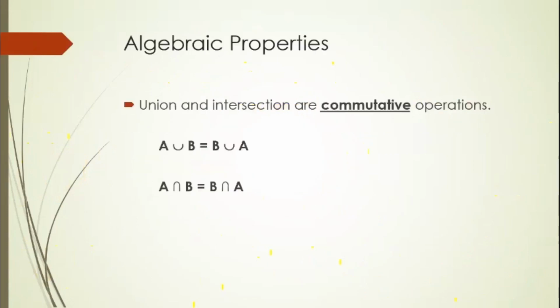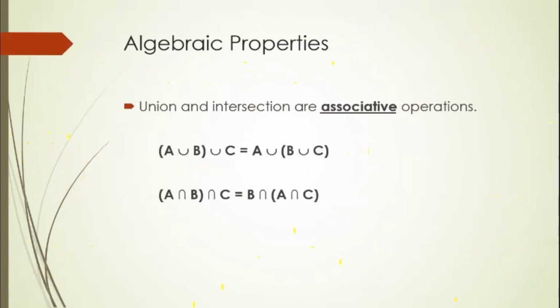Here are some algebraic properties that we should observe when simplifying union and intersection problems. First, the commutative. A union B is similar to B union A. It doesn't matter how we write it in order. A intersection B is equal to B intersection A as well. What about the associative?